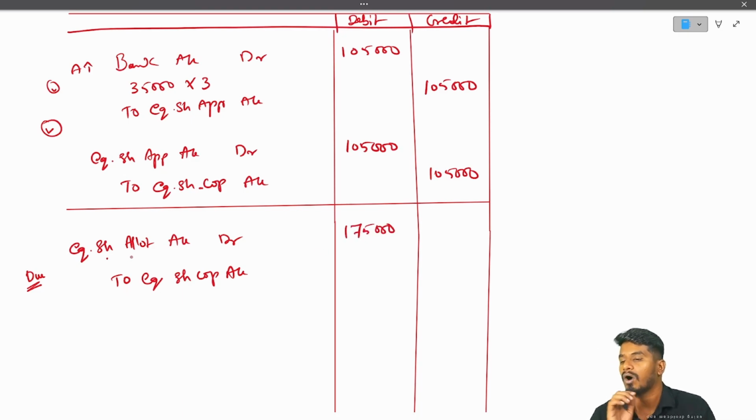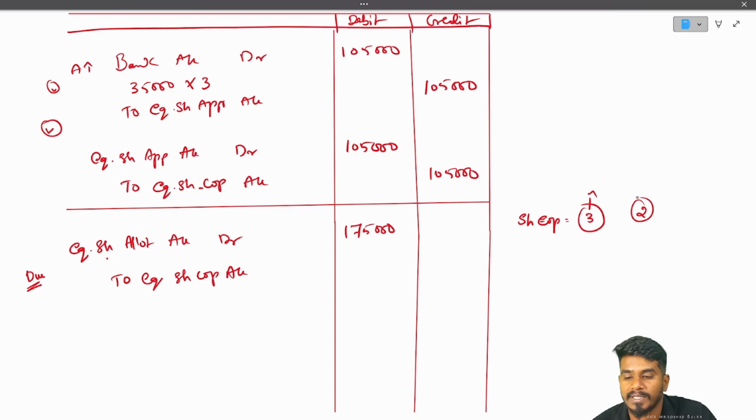1,75,000. So out of this, how much do we need to transfer to share capital account? We need to transfer only 3 rupees, because that 2 rupees is the gain on the price they have mentioned. They are selling it for a higher price, correct?